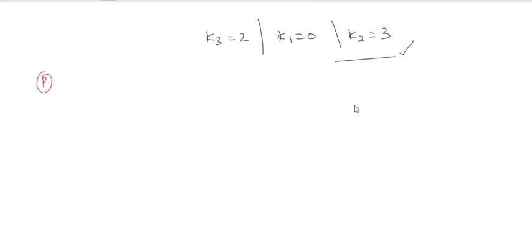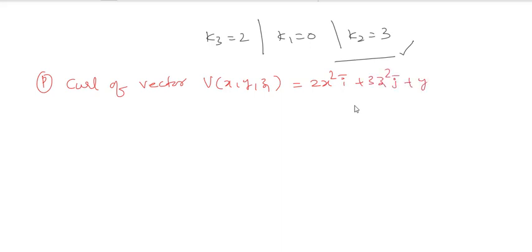Next problem. Curl of a vector v of x, y, z is equivalent to 2x square I bar plus 3z square j bar plus y cube k bar at 1, 1, 1 is dash.